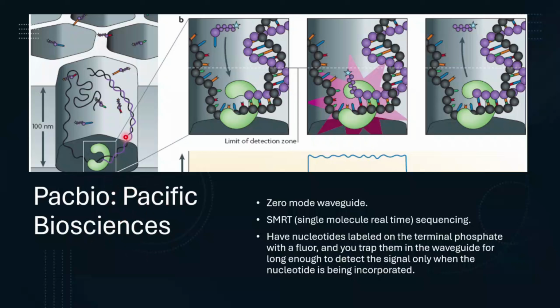Okay. So Pacific Bio, aka PacBio, uses something called a zero-mode waveguide, which is just this special cell here inside a plate. Now this plate here is 100 nanometer high, so this is kind of super small. You can't even see it with your eyes. And you have to fit in one DNA molecule in it and one polymerase.